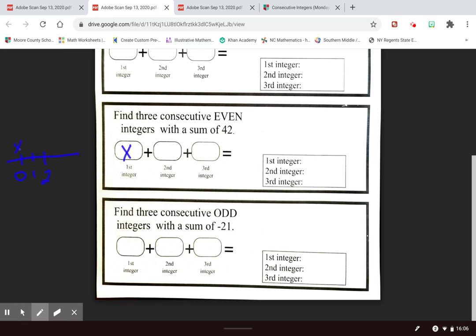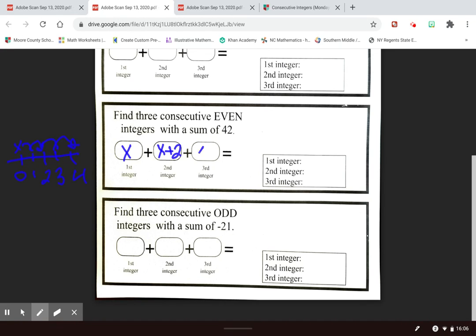So there's x, x plus 1, x plus 2. So my second even integer is x plus 2 because I have to skip the integer in between. So then if I'm going to get to my next even integer, there's x plus 3.